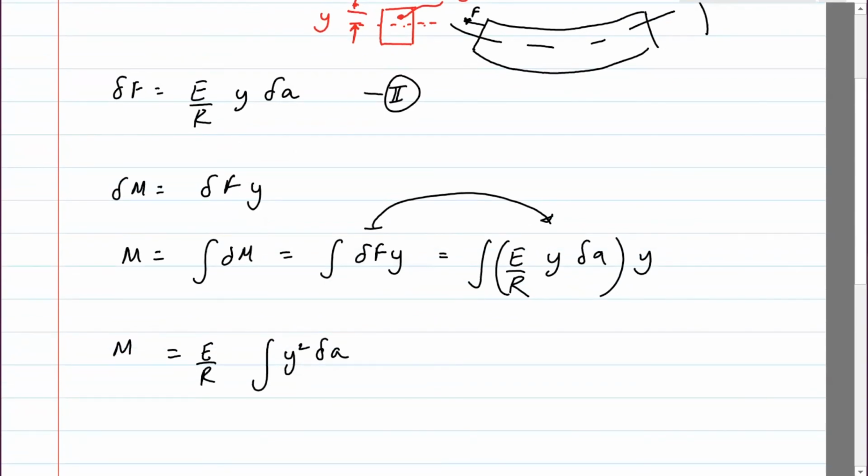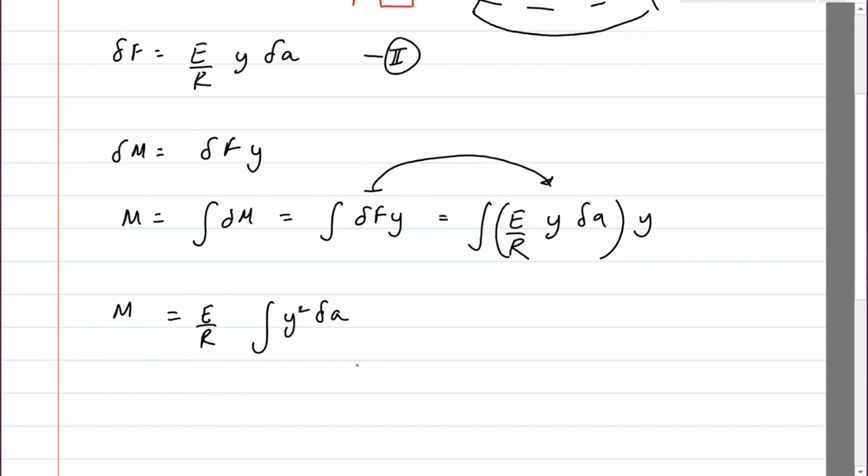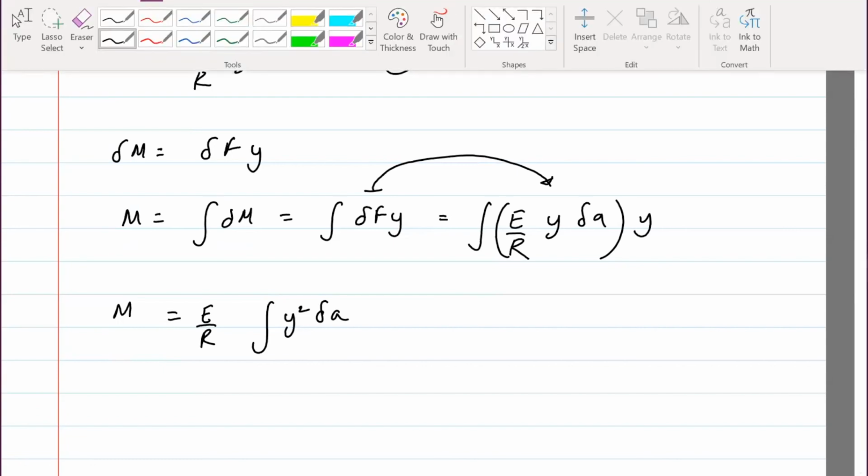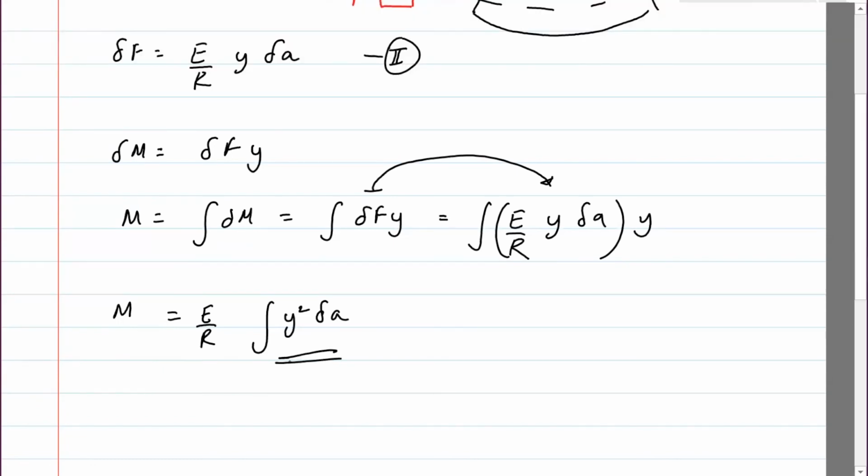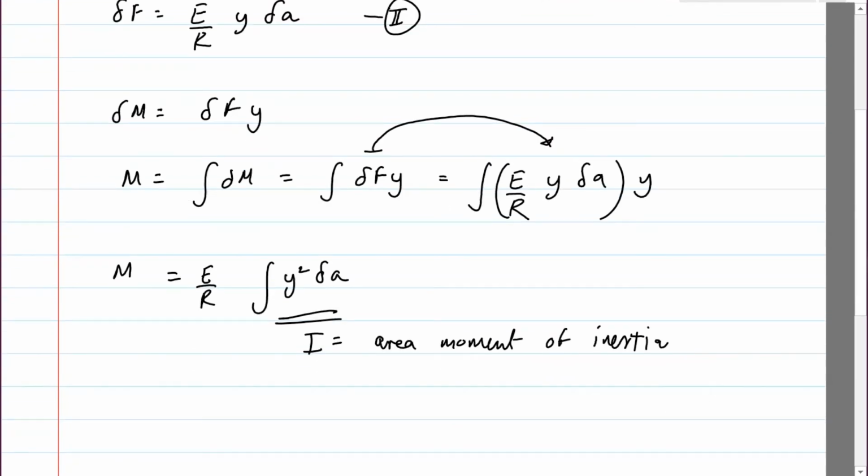Because this whole theory is based on a beam which is subjected to a pure moment M. Now this I is the moment of inertia, the area moment of inertia about the neutral axis, which by the way is the centroidal axis.